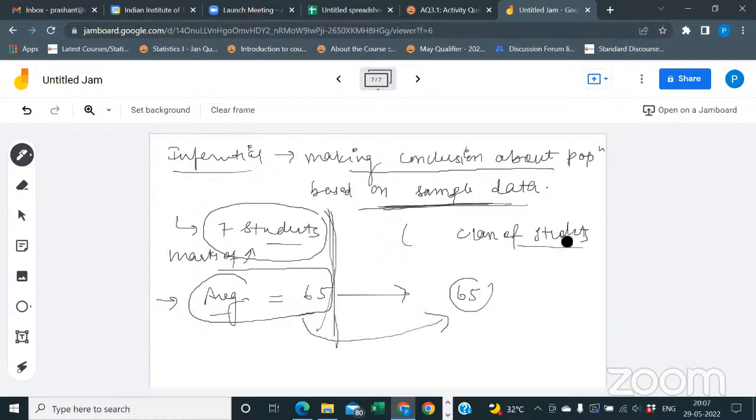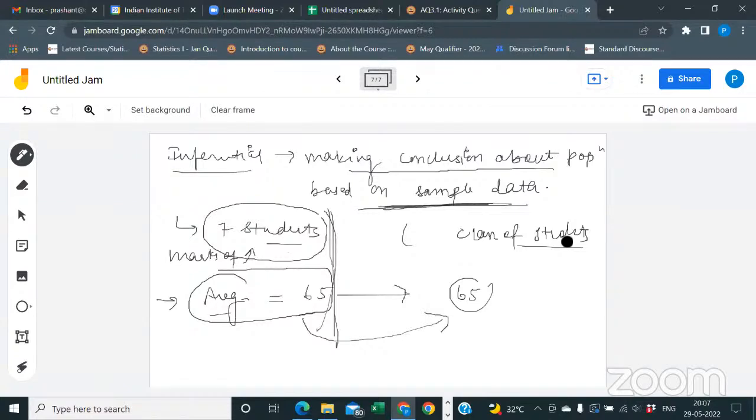That is how we take a sample, analyze the sample, and say the whole population is similar. The sample which we take will represent the whole population. Yes, it should be a good representative.